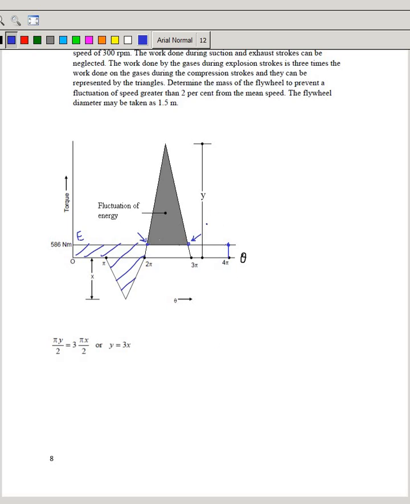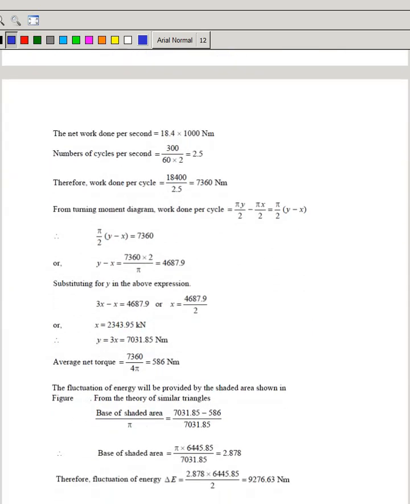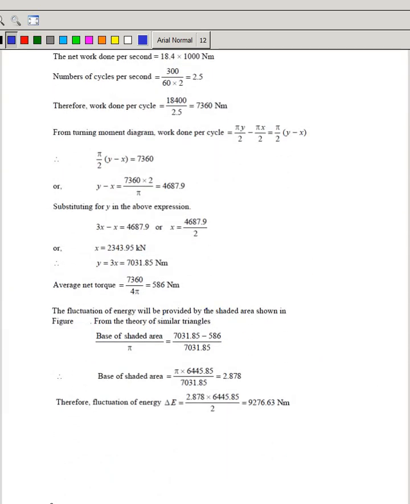So here we get E maximum and here we get E minimum. So this shaded portion is actually the fluctuation of energy, and the fluctuation of energy will be provided by the shaded area shown in the figure.